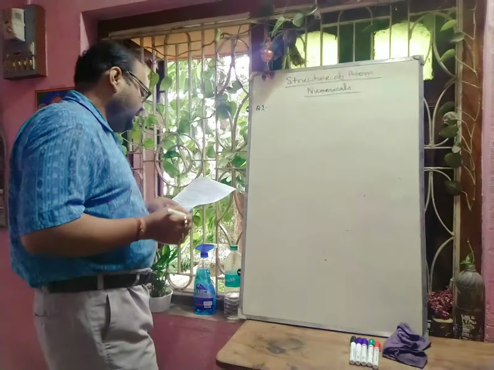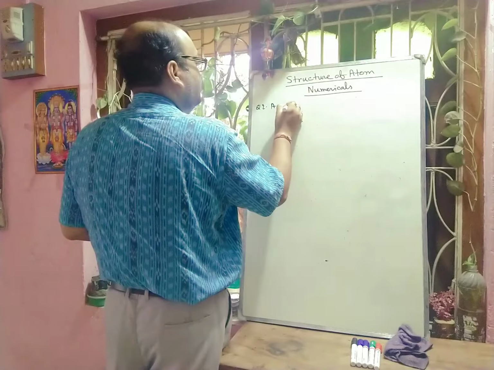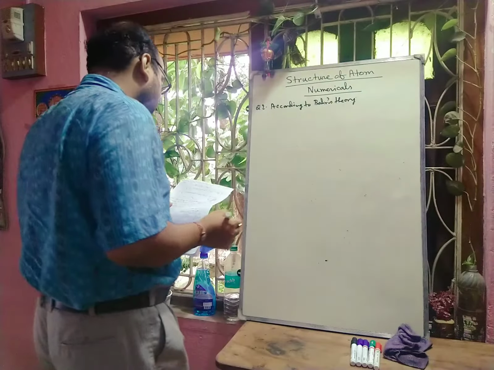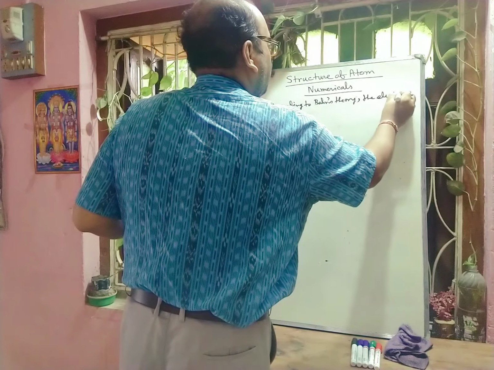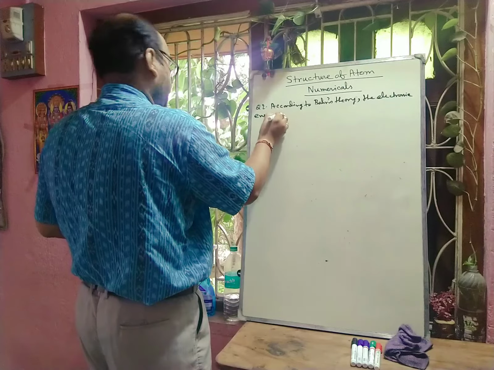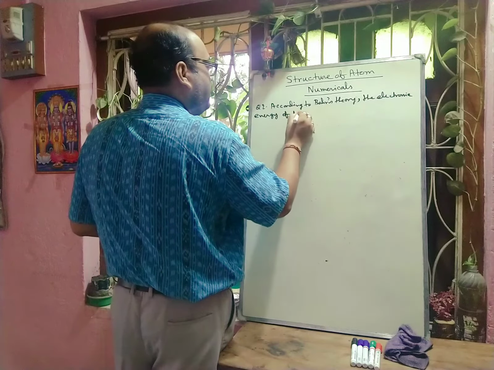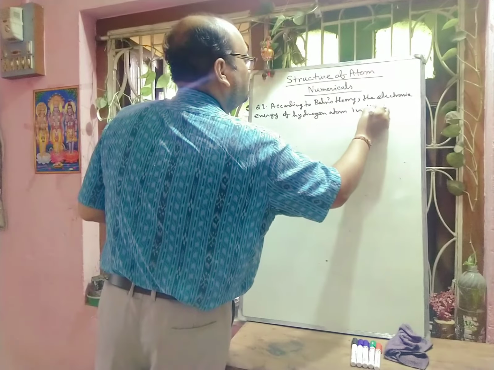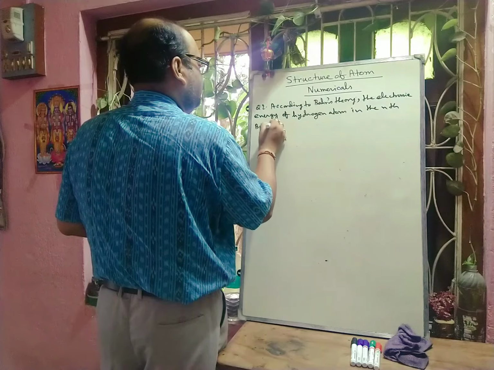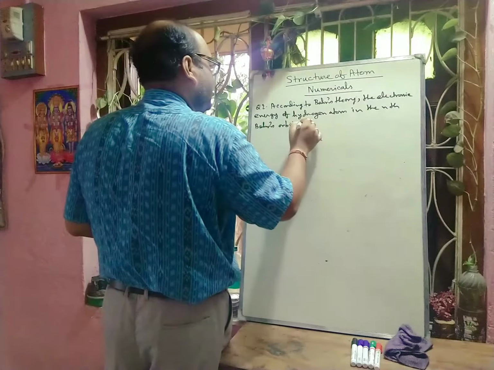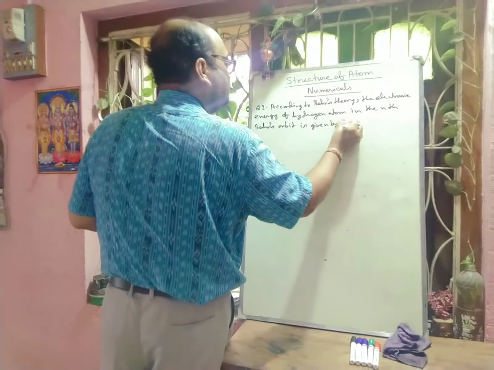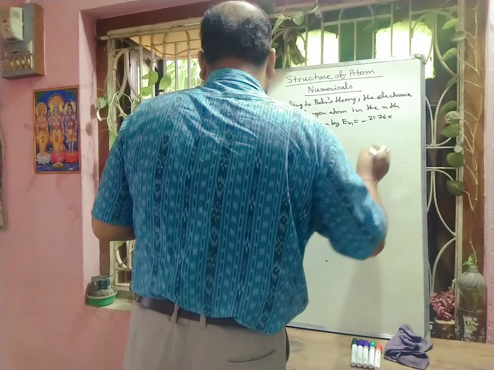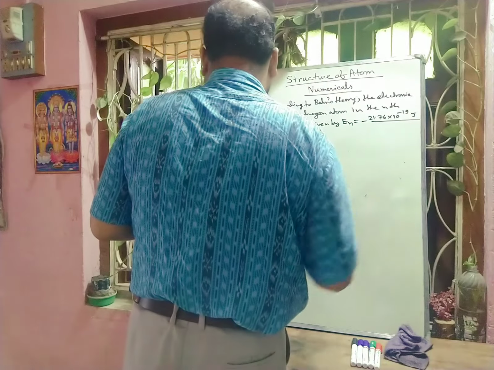The problem is given that according to Bohr's theory, the electronic energy of hydrogen atom in the nth Bohr orbit is given by En is equal to minus 21.76 into 10 to the power minus 19 J divided by n square.